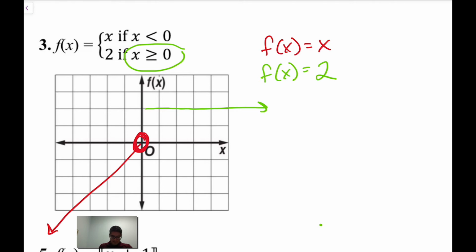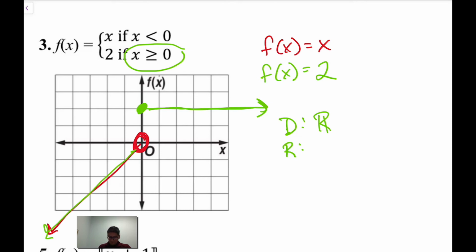And when you have that closed circle, that usually closes your domain. So then you can say for the domain, you have all real numbers. Because if I look at the x's that correspond to this function, it's basically all of them. Because this line down here goes on for eternity, infinity in a negative sense, and then this one up top goes towards positive infinity for the x's.